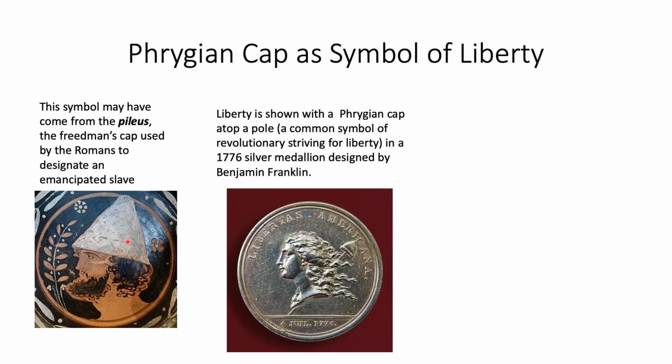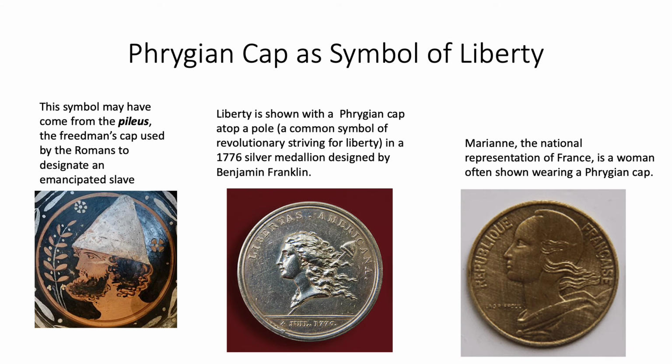But it is shown in American colonial symbolism and iconography, and here is a Phrygian cap on a pole, as is often depicted, or on a tree, or on a person. And this is a July 4th, 1776 silver medallion designed by Benjamin Franklin.